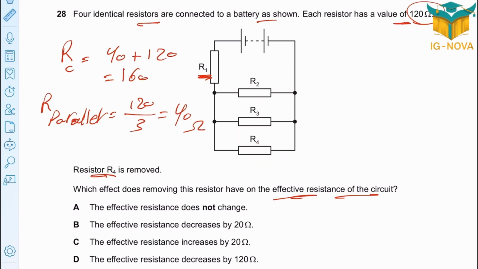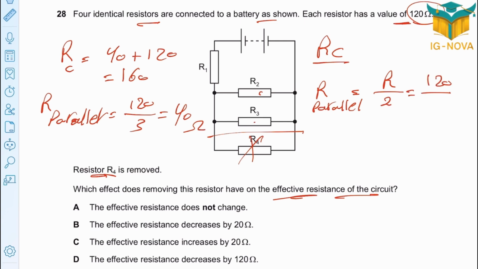And now, if you remove this R, what's happening? Could we find RC? Yeah. RC here, first I'll get R in parallel, which will be, as they are equal, one of them over the amount of them, 120 over 2, going to be 60 ohms.